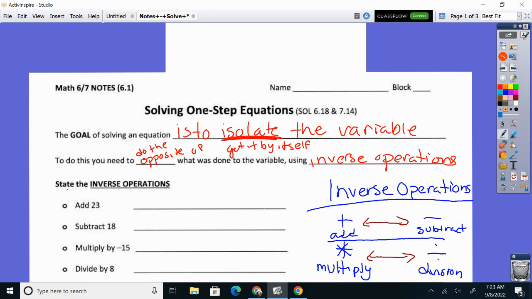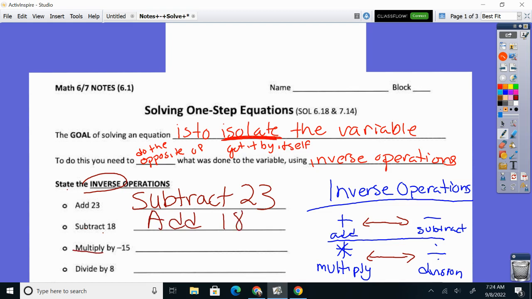So it says state the inverse operations here. If we're going to add 23, what would be the inverse of adding 23? It would be to subtract 23. Okay? If I had subtract 18, the inverse of subtract is addition. So I would add 18.